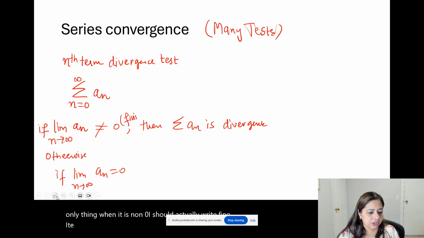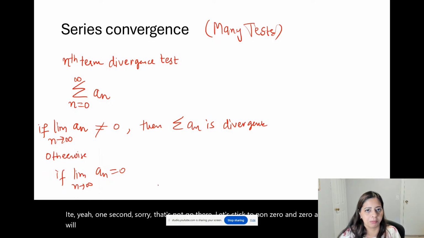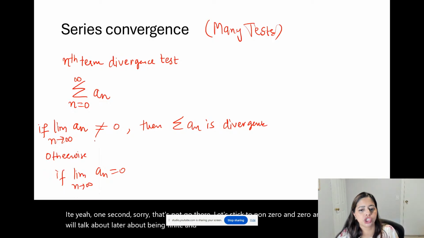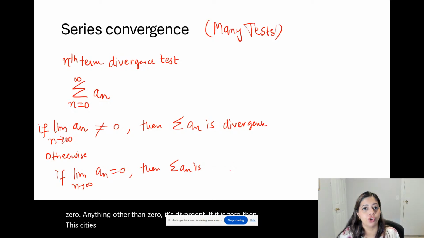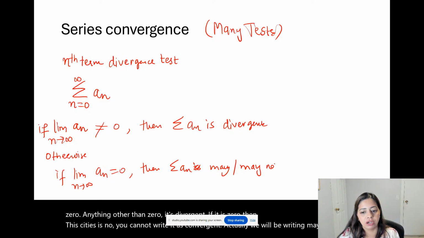One second. Sorry, let's not go there. Let's stick to non-zero and zero, and then we will talk later about being finite and infinite. If the limit is non-zero, anything other than zero, the series is divergent. If it is zero, then this series is, no, you cannot write it as convergent. Actually, we will be writing may or may not converge.